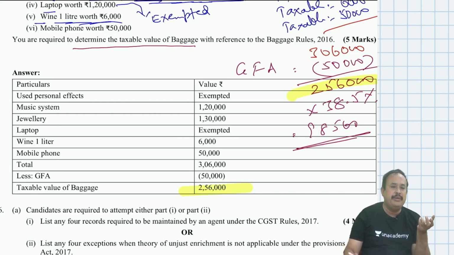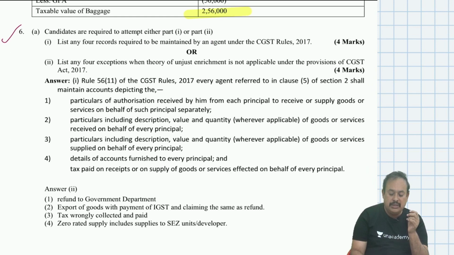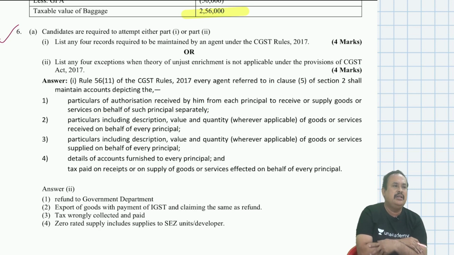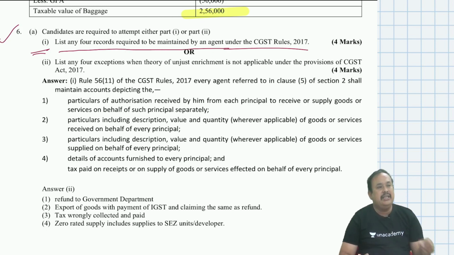Furthermore, referring from here, my dear friends, question number 6, point number A, point number 1: list any 4 records required to be maintained by the agent under the CGST rules. Yes, we have here.